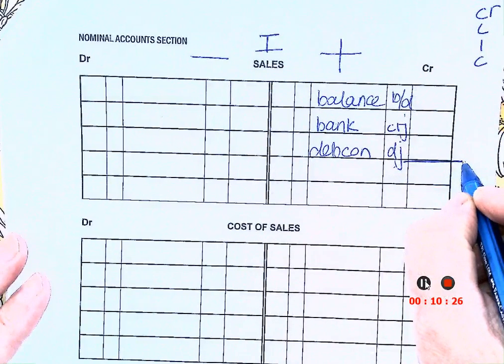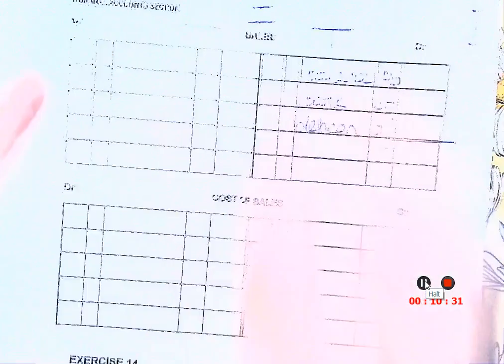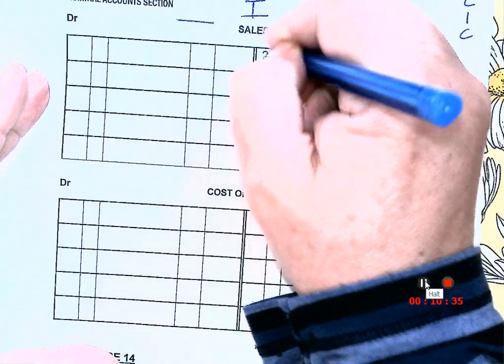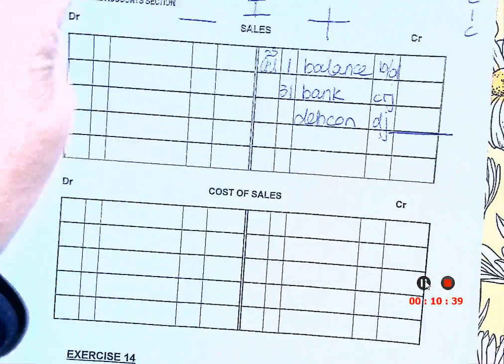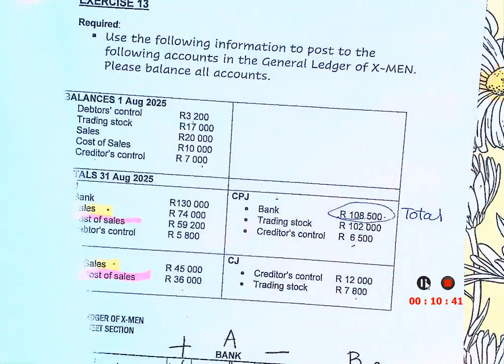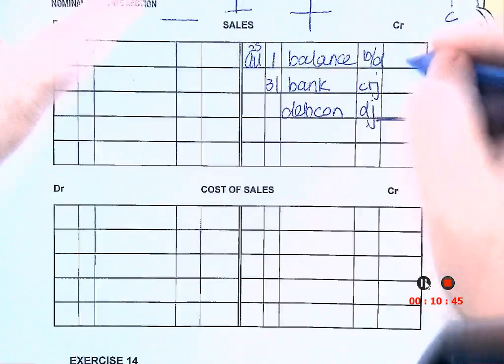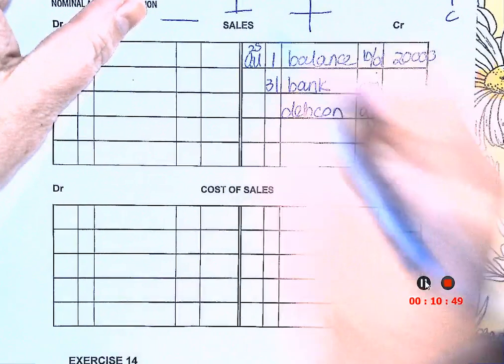Okay, quickly. I know my balance is always the first, and the rest are columns, so they'll be the last. So if I go look at my balance, I see sales has got a balance of 20,000. If I go to the CRJ, I'm going to look for sales.